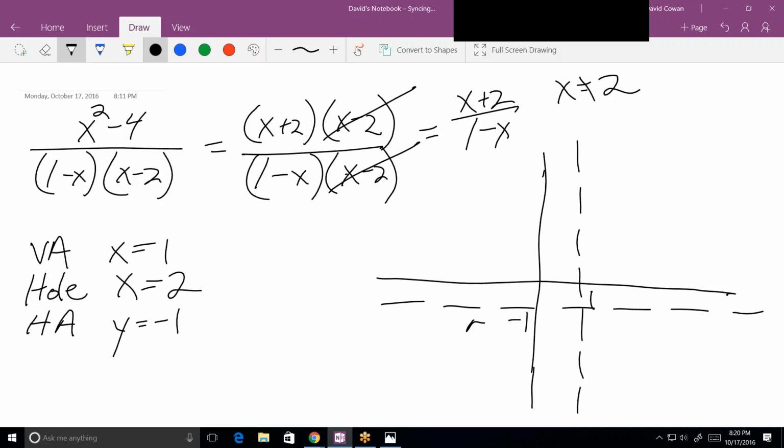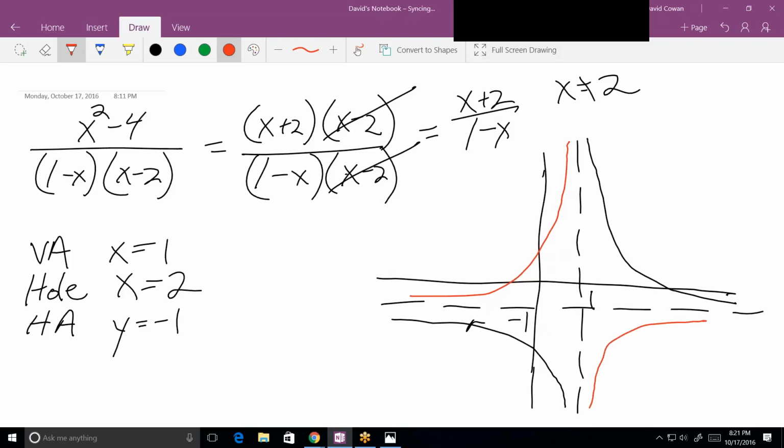Now, all of these, well, I don't know about all of them, but this quotient is hyperbolic in nature. It is going to look like either this or it's in these quadrants here. Almost all of them.